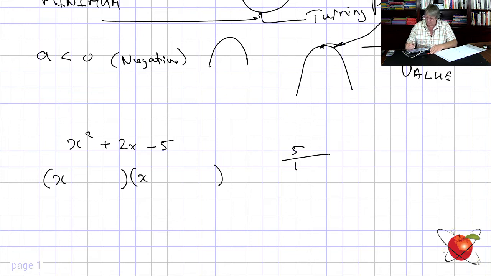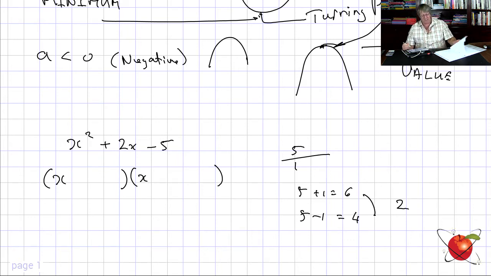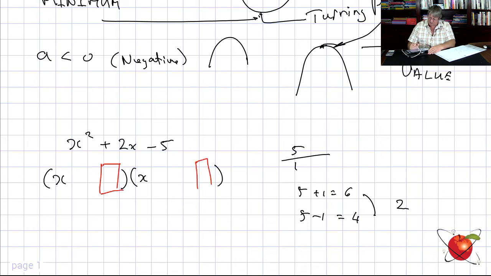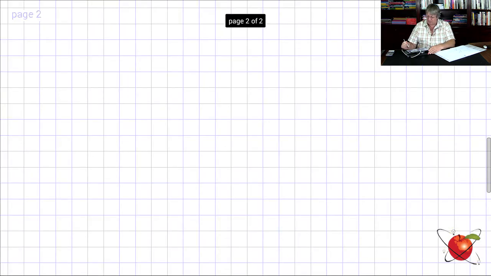So I say, all right, 5 plus 1 is equal to 6, and 5 minus 1 is equal to 4. But none of those add up to the coefficient of x, which is a 2. So it's not factorizing very well, is it? It doesn't factorize easily. We need another way of finding the roots of a quadratic equation.